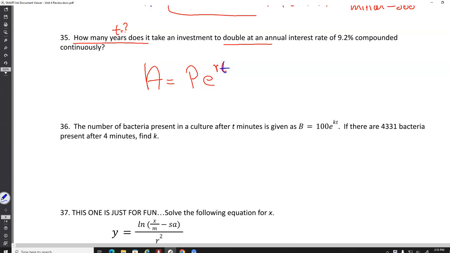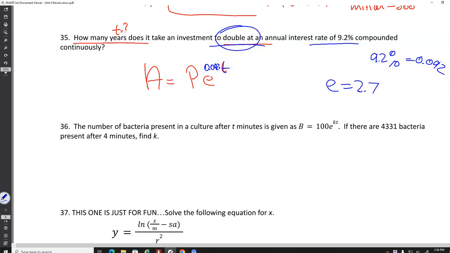I also know that I want the investment to double, and that the rate is 9.2%, which is 0.092. So instead of the rate here, I can put 0.092 times t. It doesn't give me any other values other than double, and I can't have an A and a P and a T, because remember, E has a value of about 2.7.